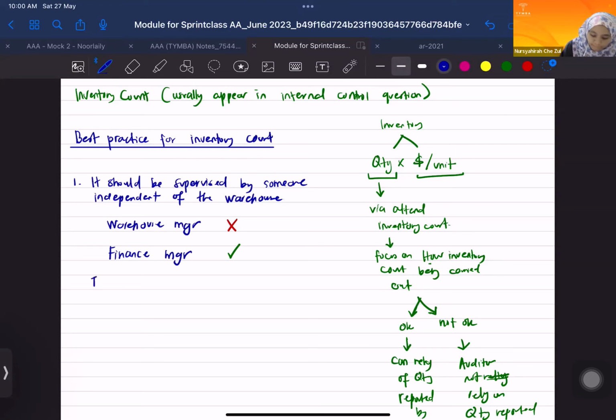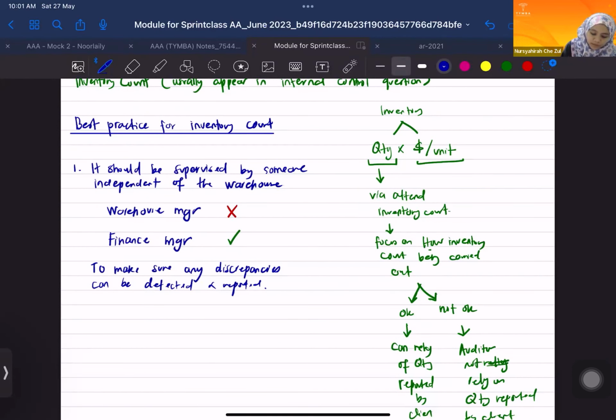Because to make sure any discrepancies can be detected and reported.